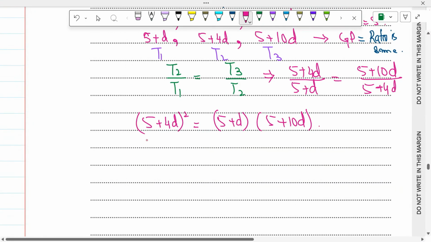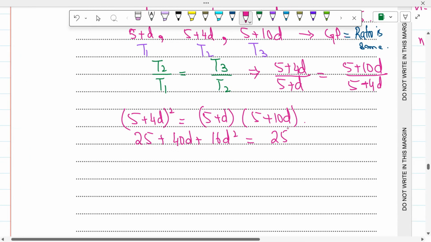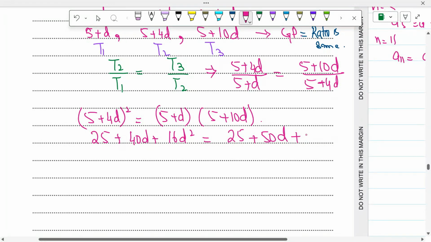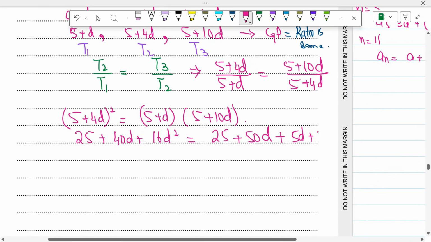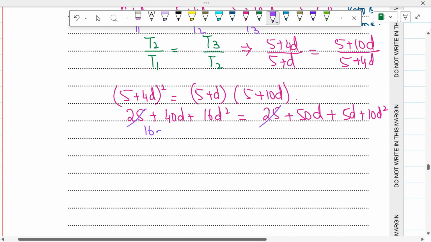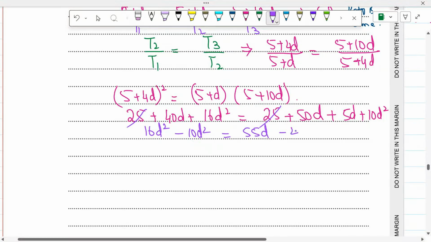Solving, we will have 25 plus 40d plus 16d squared equals 25 plus 50d plus 5d plus 10d squared. The 25 will cancel out, and we will have 16d squared minus, when we switch 10d squared to the left side, it will be negative 10d squared, equals 50d plus 5d, which is 55d, and when we switch 40d to the right side, it will be negative 40d.